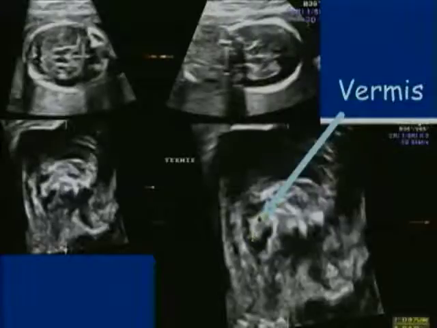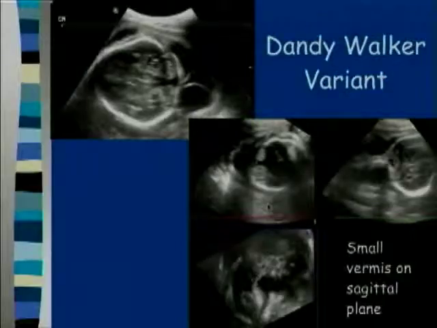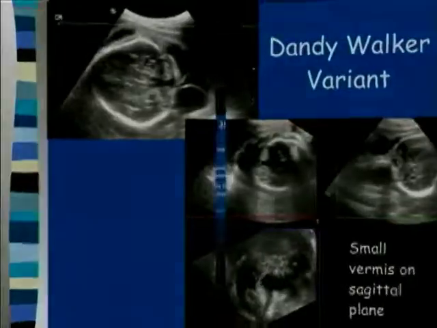And then we can measure this and plot it on tables to see whether it's within normal limits or not. So here's a patient that does have a Dandy-Walker variant with the cystic structure from the cisterna magna going up into the fourth ventricle. And then when we do our sagittal with the spine coming down, we can measure that vermis and see that it is small.